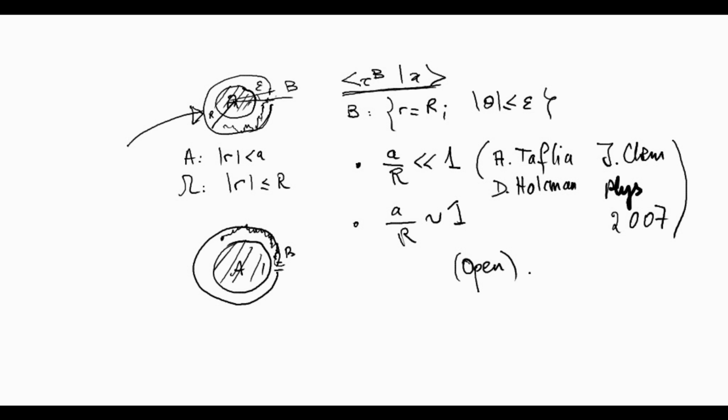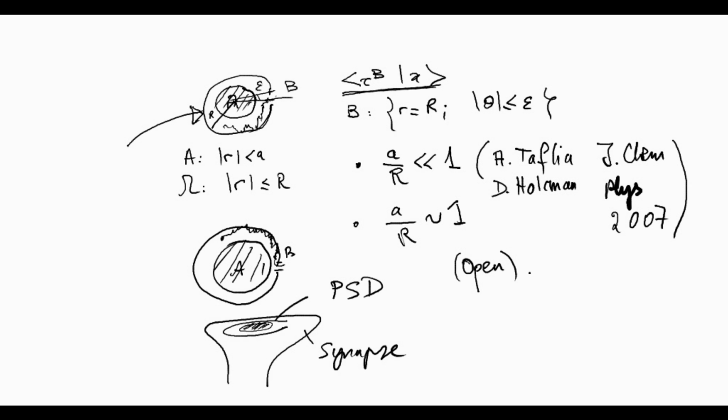Well, it was important in the context of synaptic plasticity, synaptic transmission, to estimate the residence time of a Brownian receptor in the postsynaptic density. This is a synapse, and this is the postsynaptic density PSD, and we were interested in estimating the time it takes for the receptor to escape, assuming that the structure can be homogenized with this following figure.